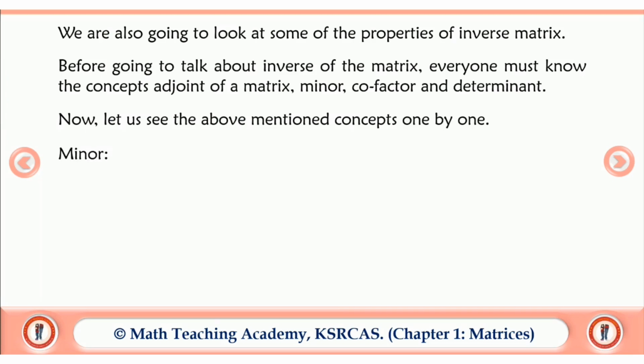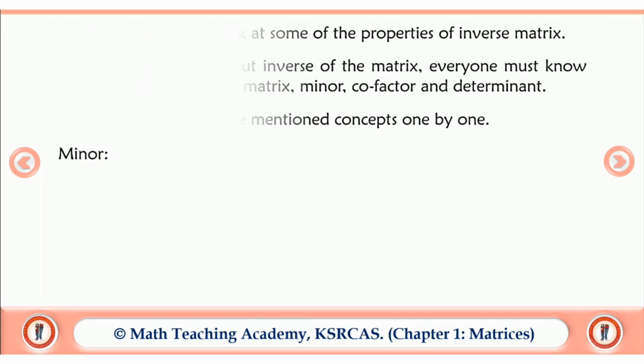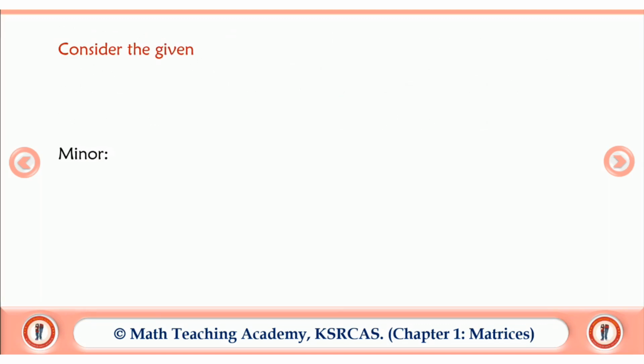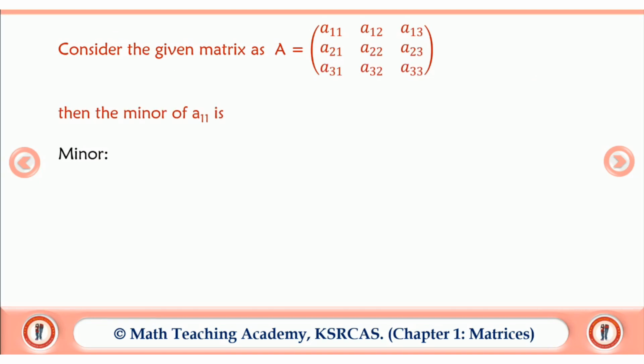First off, what is minor? Consider the given matrix as A is equal to A11, A12, A13, A21, A22, A23, A31, A32, A33. Then the minor of A11 is the determinant of A22, A23, A32, A33.